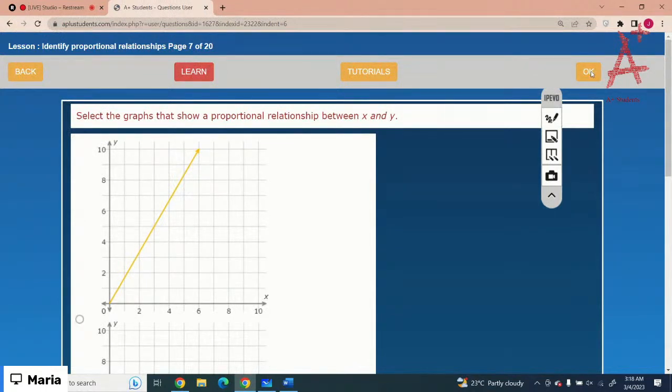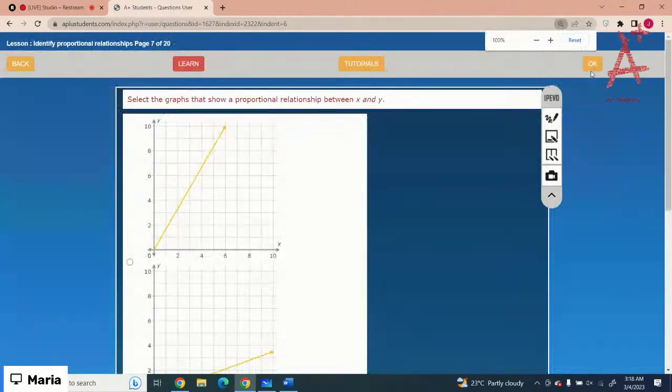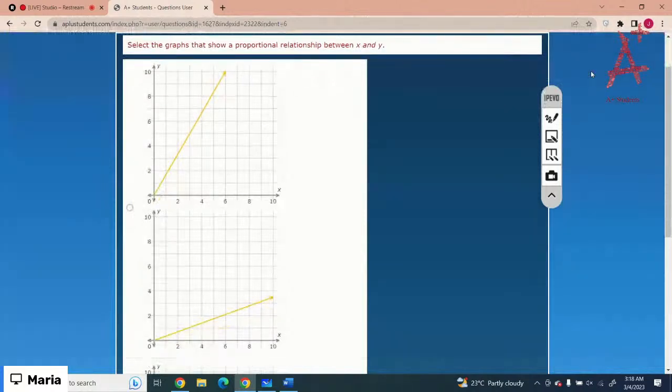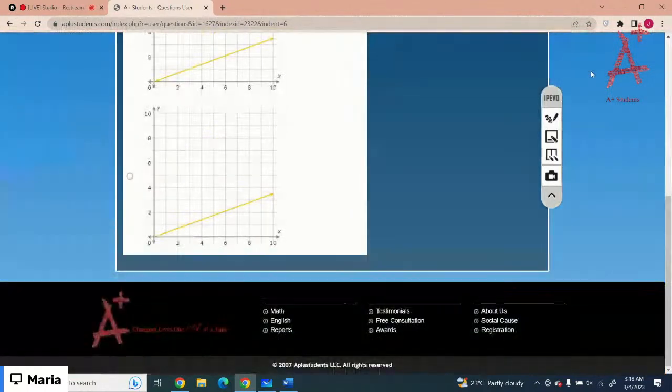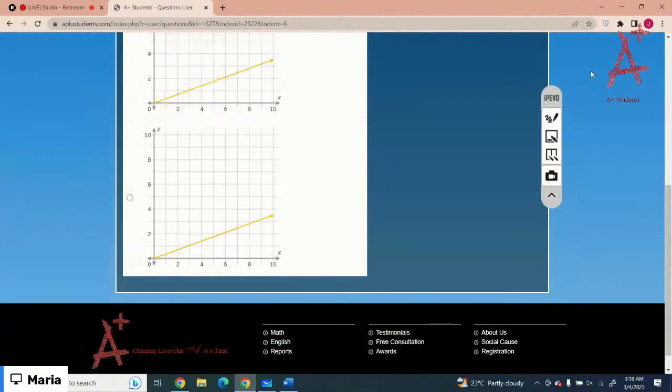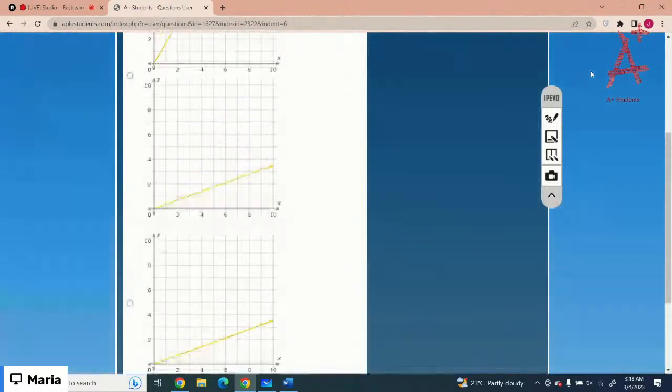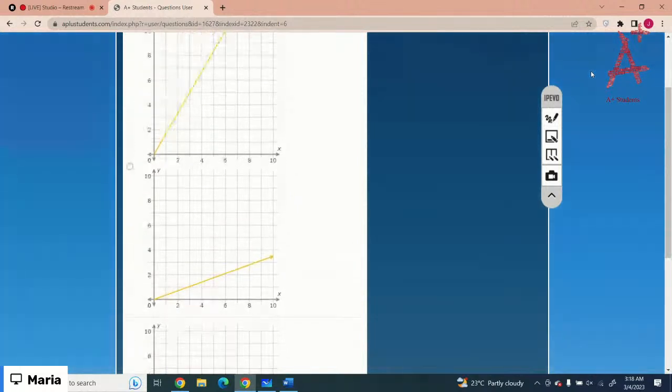Select the graph that shows the proportional relationship between x and y. So, which is the correct option? Option number one or option number two? Option number one is the correct option. Got it. Second one is the same graph. It is just repeating twice.